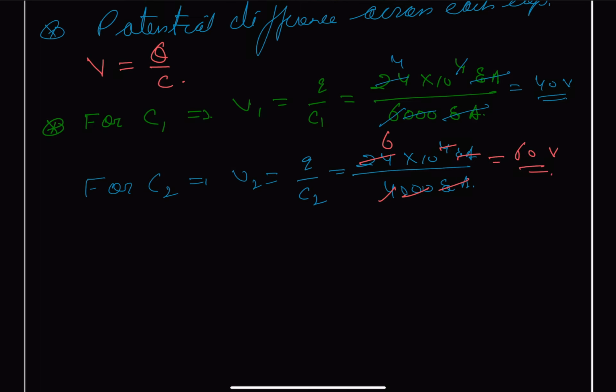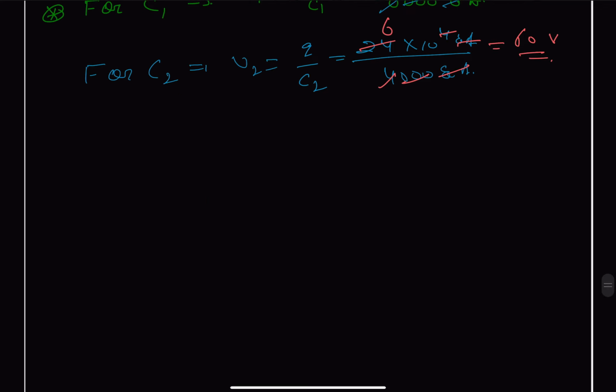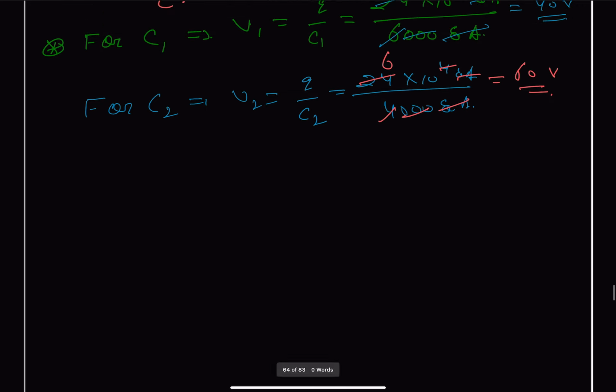So we found out that the potential difference across C1 is 40 and C2 is 60.